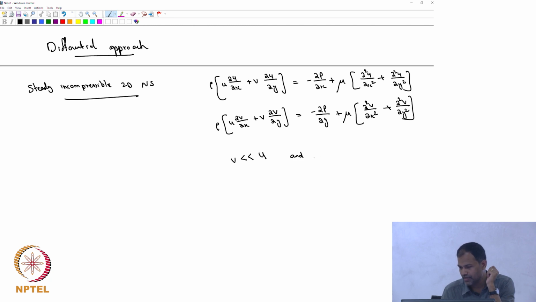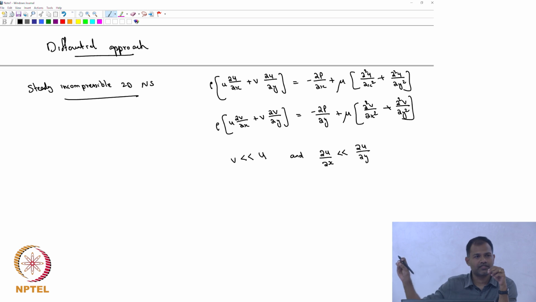So I'll say, if my v is much smaller than u, and if my ∂u/∂x is much smaller than ∂u/∂y, because ∂u/∂y is going to change from 0 to some finite number in a small thickness, but ∂u/∂x is the change in u along x, which is changing very slowly.